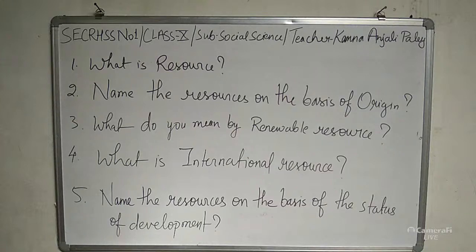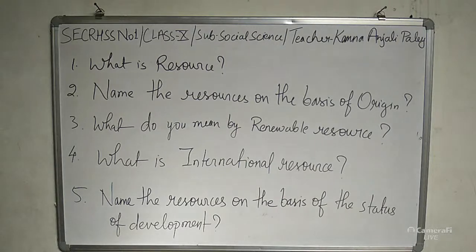Fourth, what is international resources? The resources which are under the control and regulated by the international organization, and in ocean beyond the 200 nautical miles of exclusive economic zone.